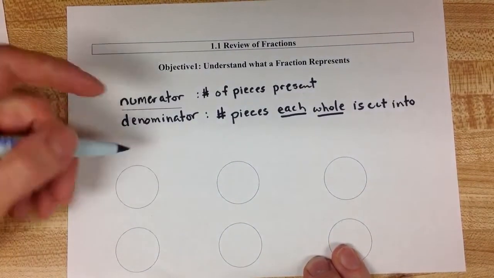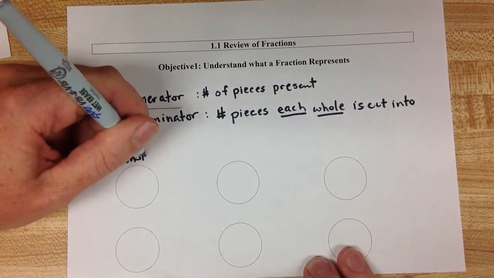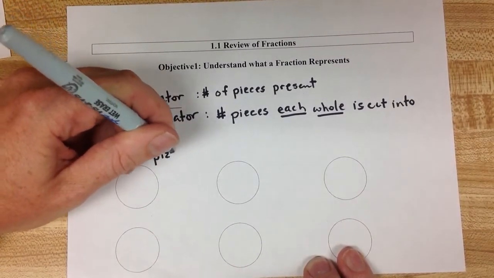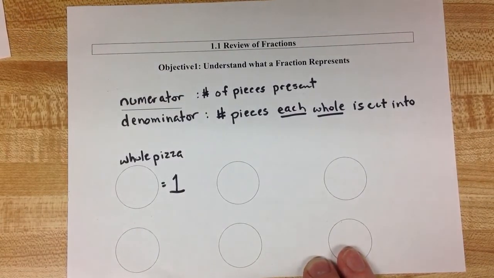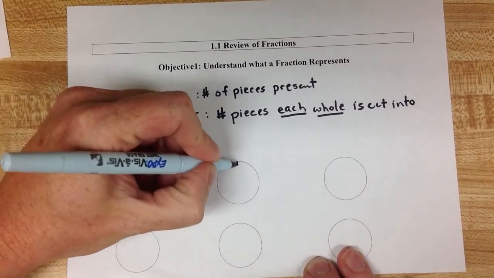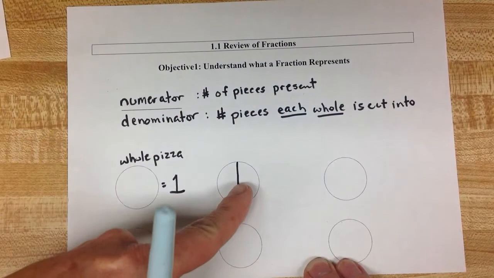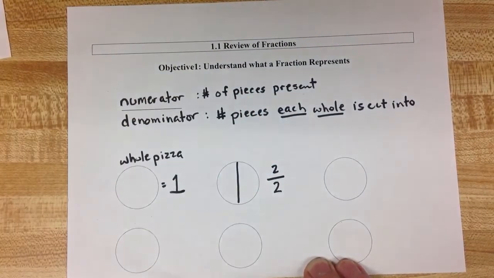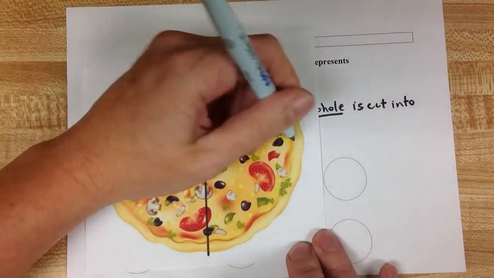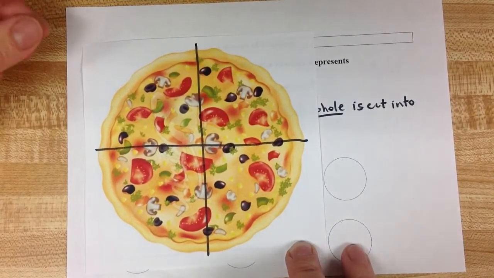So we would represent that as this one, uncut, is just a whole pizza, otherwise known as one pizza. This one here is also still a whole pizza, but we've taken the whole pizza and we've cut it into two slices.